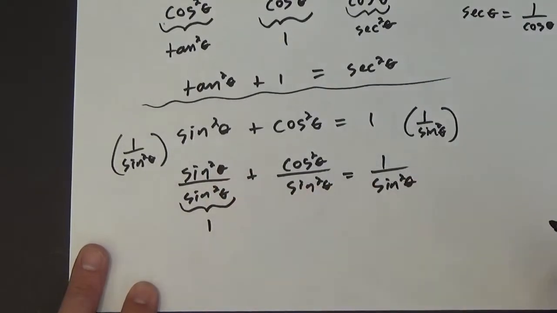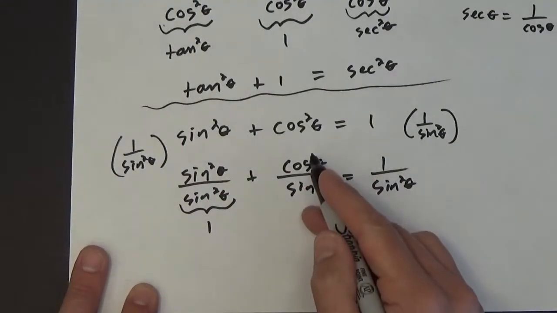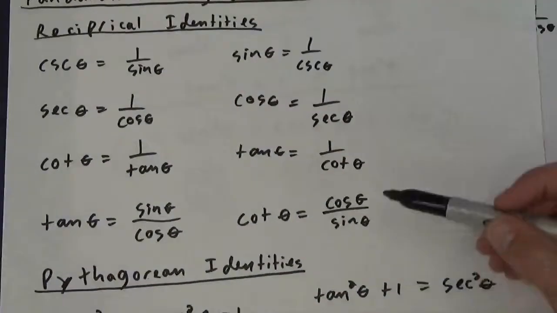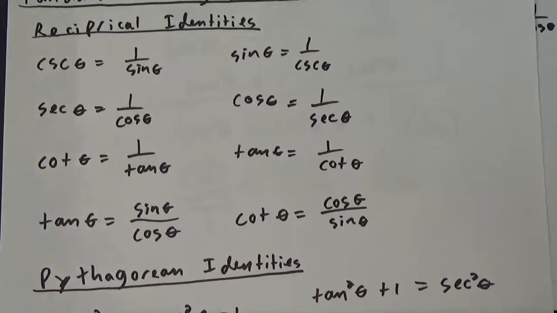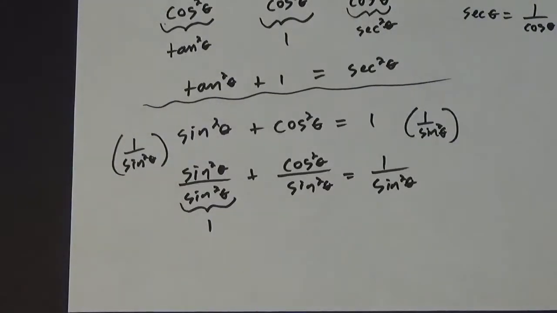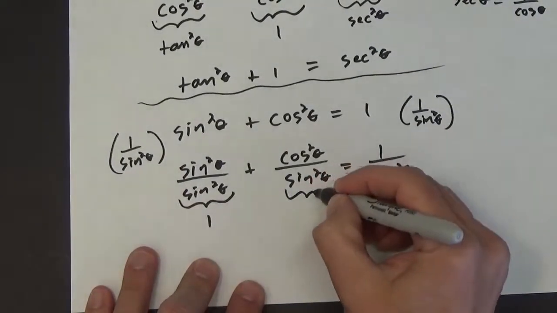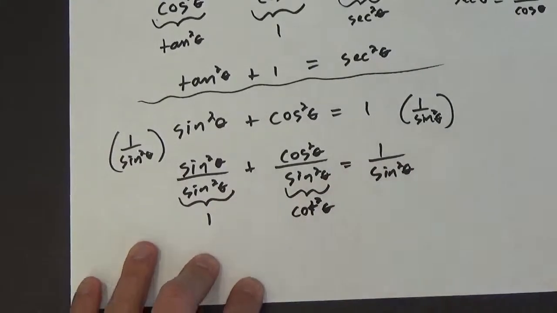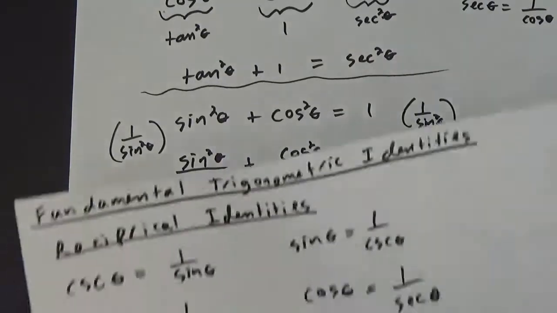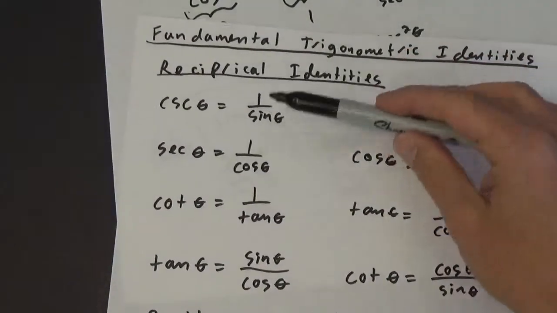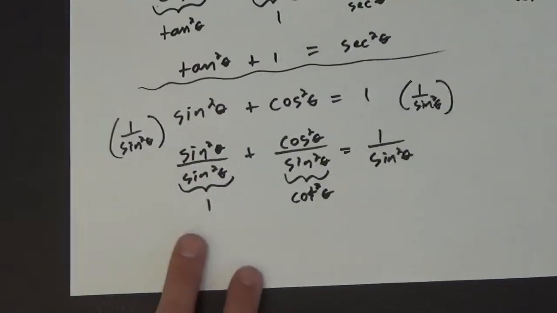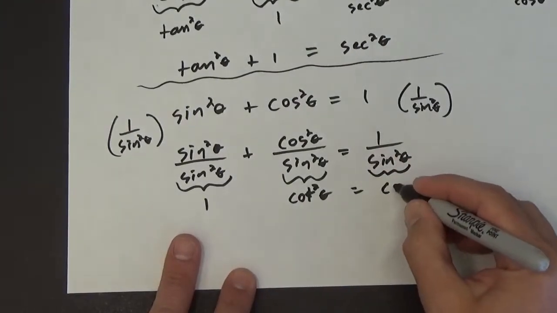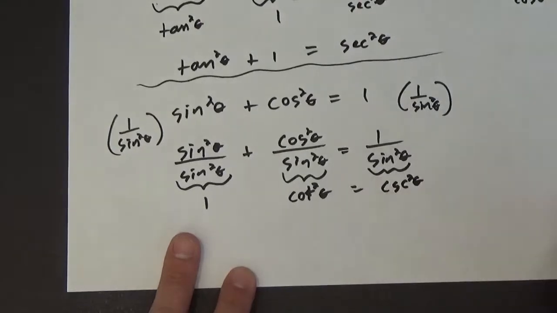This becomes 1. Cosine over sine, if we go back to our identities, is the cotangent. So let's put in the cotangent squared of theta. And 1 over sine is cosecant, so here we put in the cosecant squared of theta.